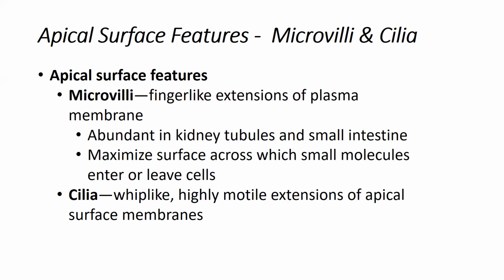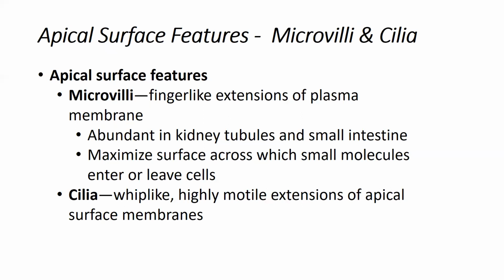And then cilia is going to be found in the respiratory area, as we mentioned, to sweep that mucus along, as well as the uterine tubes and parts of the uterus to sweep the ovum or the fertilized egg along. Okay, cilia. And the word cilia actually comes from the Latin word which means eyelash. If you think of the movements of cilia as like the beating of eyelashes, that can help you remember its function, that motility.